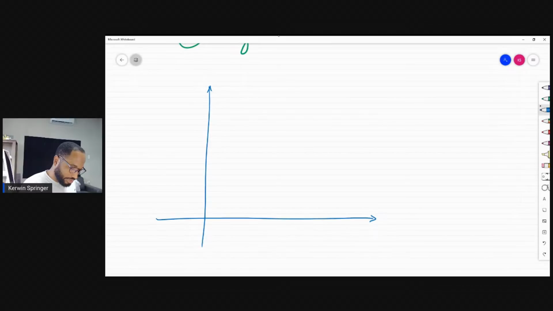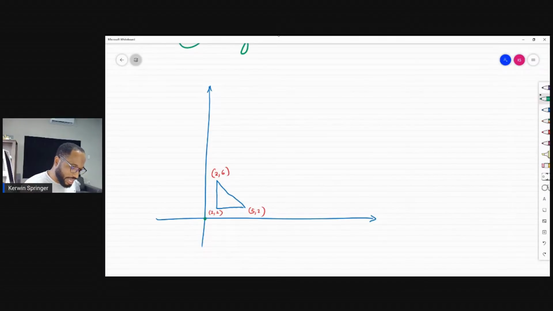Let's say this point was the point 2, 6 or something, and this would be like 2, 2, and this would be like 5, 2 or something like that. So in a reduction, we diminish.